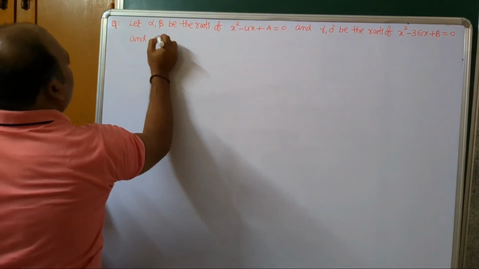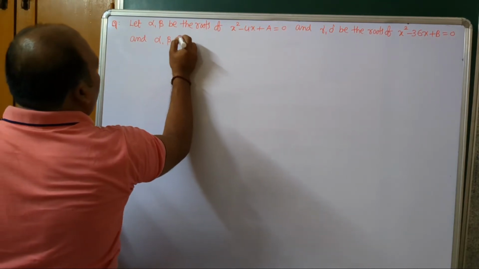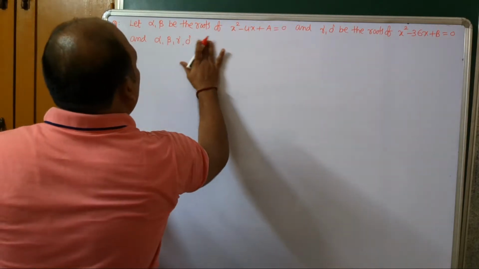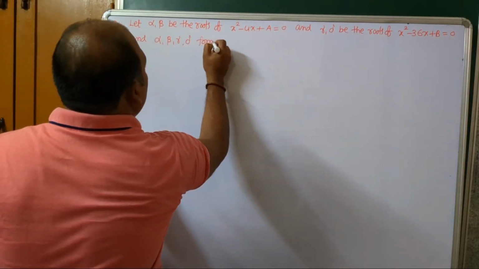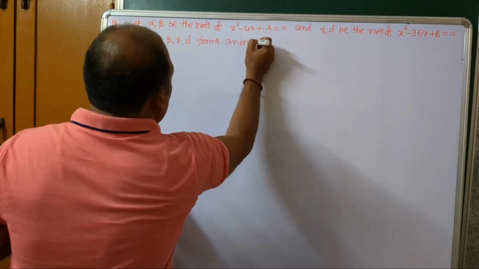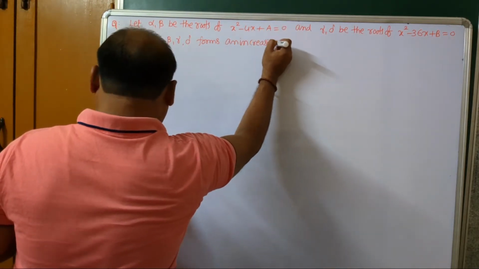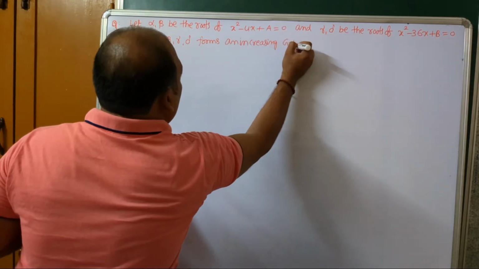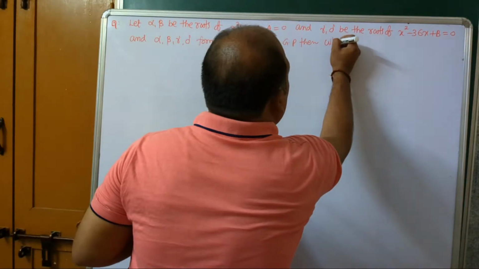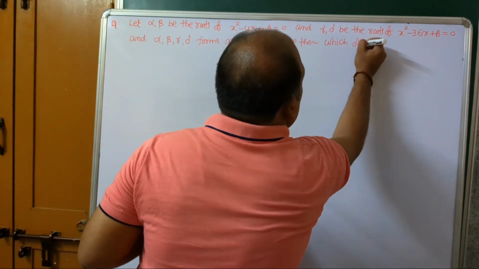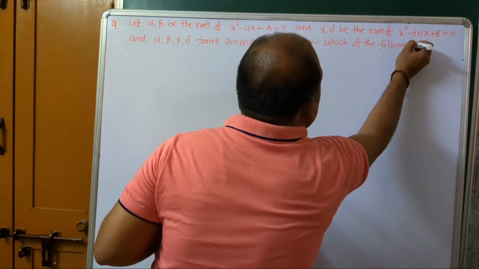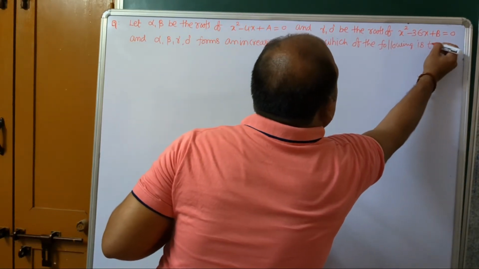If alpha, beta, gamma and delta form an increasing GP, then which of the following is true?